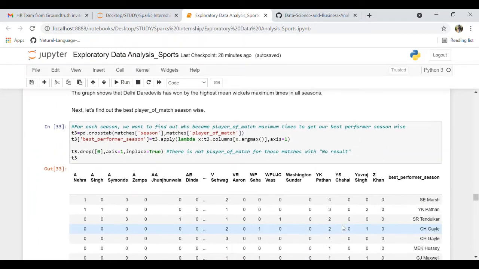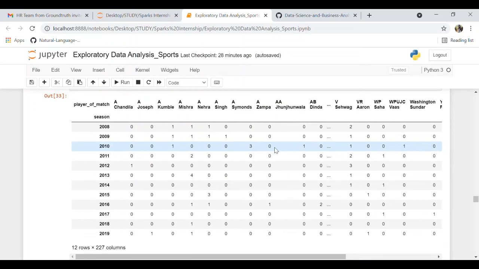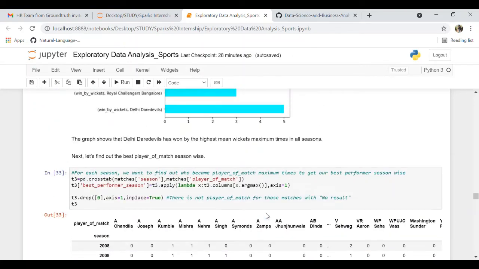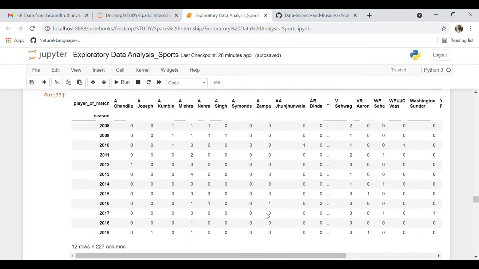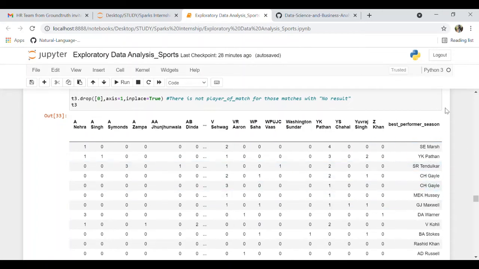Next we'll try to find out our best performers of the season, or the players of the match. This is a cross tab showing the number of times each of these players has become the player of the match per season, and this column gives you the name of the player who has become the player of the match the maximum number of times for a season.